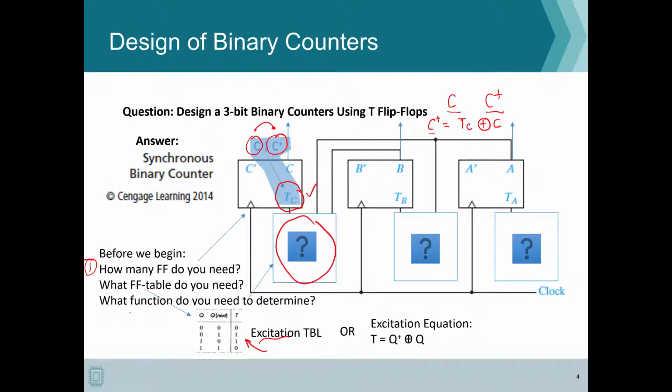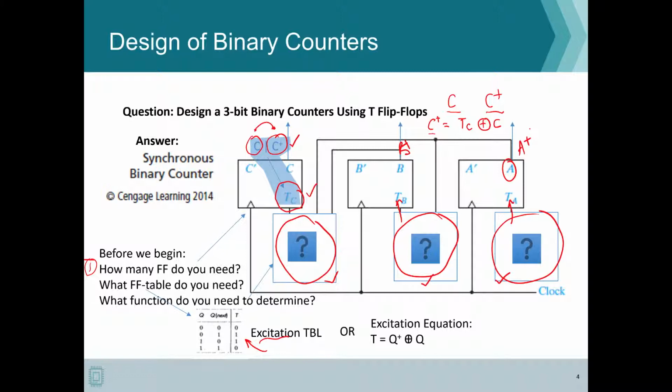So that's basically what the next one is. Our ultimate goal is to determine what these functions are going to be that are feeding as an input to our T flip-flops. That's what the design is. In analysis, you were given this and you were trying to find out what the transition is, that is, what are the equations for C+, B+, and A+.